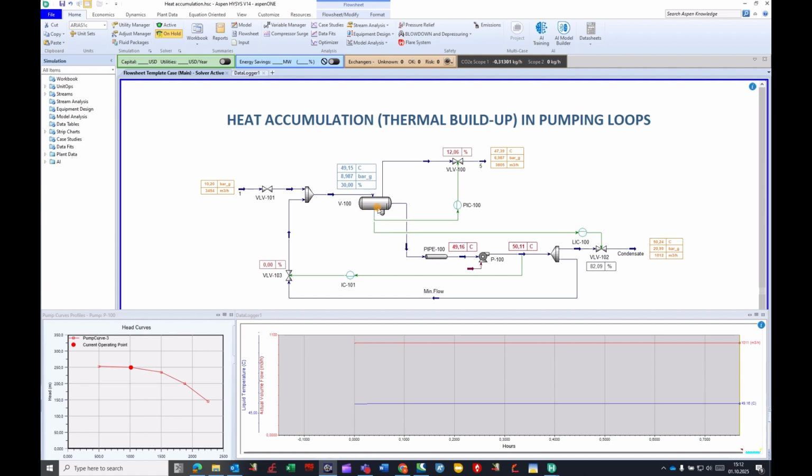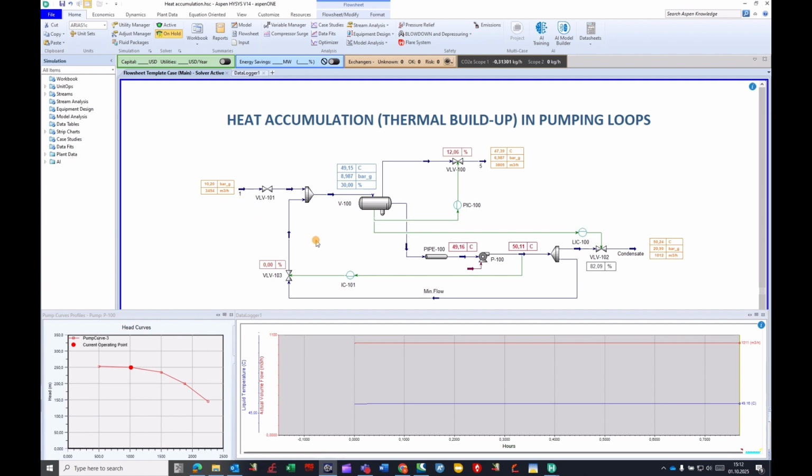So when will the situation be risky, with a potential for heat accumulation? The situation could be reduced production, when we have less flow to the system. And the pump is sized for higher flow, therefore the pump goes to minimum flow, and part of the heated liquid will return to the separator, and that can continue as normal operation.